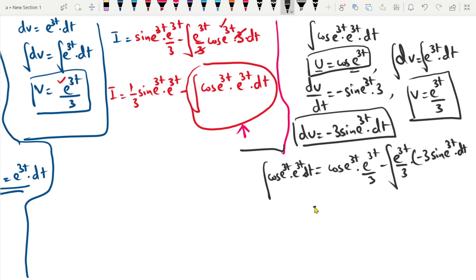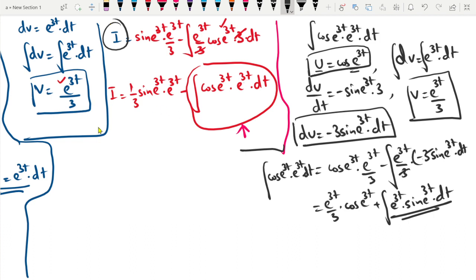So this becomes e^3t divided by 3 times cos of e^3t, this 3 cancels with this one, this minus this one, plus the integral of e^3t sine of e^3t dt. So this is equal to I.